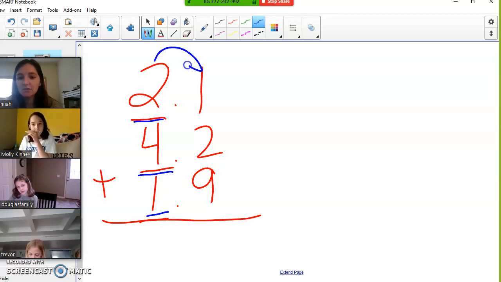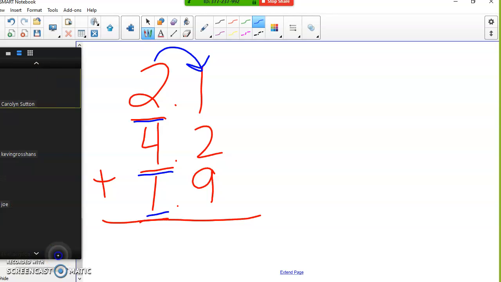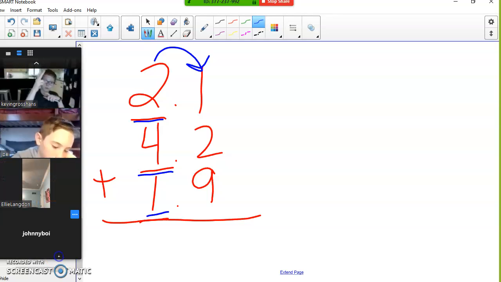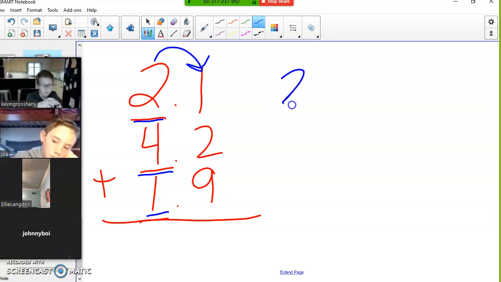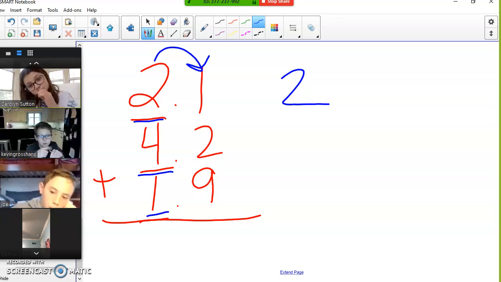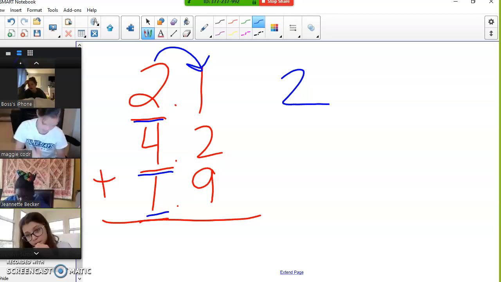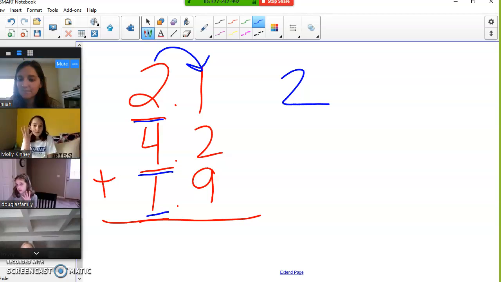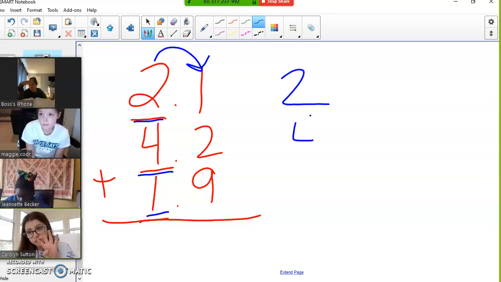Okay, so the 2 is looking over at the 1. Are we going to keep it at 2 or are we going to move it up to 3? Can you show me with your fingers? What are we going to do with this guy? We're going to keep it at 2, right? Because 1 tells me it's less than 4. Okay. All right, and then we have 4.2. Are we going to round it to 4 or go up to 5? We're going to keep it at 4.